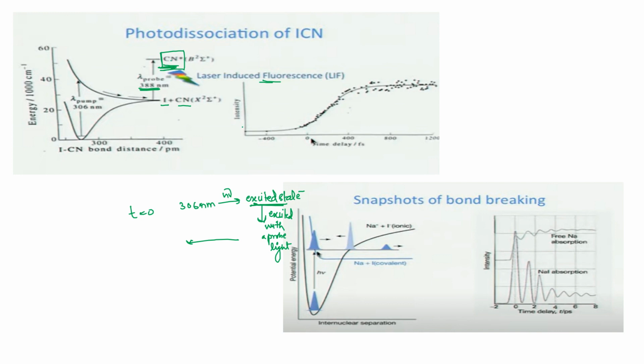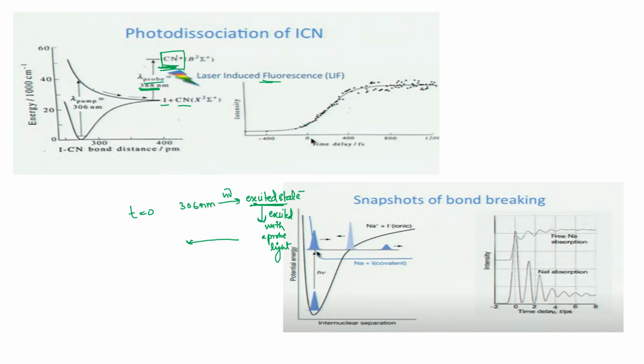Say at time 0. In this whole process, the fluorescence emission is only because of the emission of this CN. Now, with respect to time, at time 0 most of the population goes from this excited state to this. Meanwhile, after some time, when you simultaneously incident a probe light of 388 nanometers, slowly this CN reaches an excited state, that is CN star, and therefore the emission will increase.